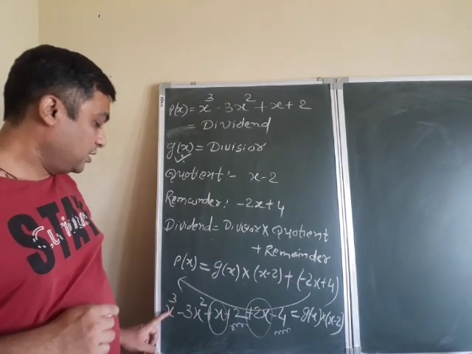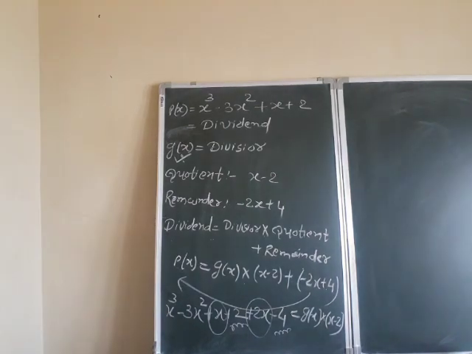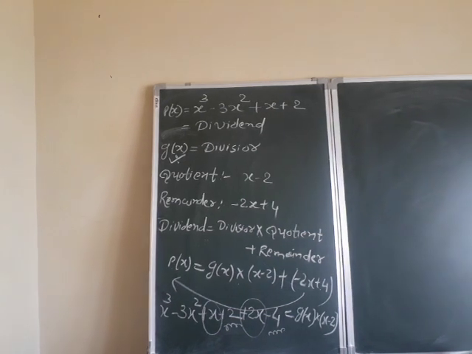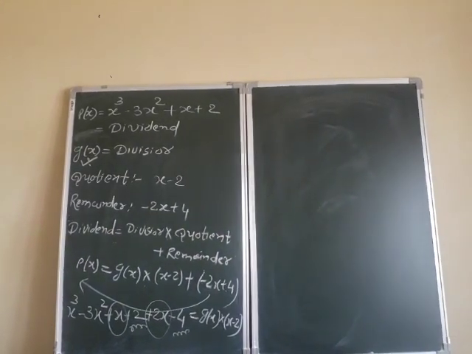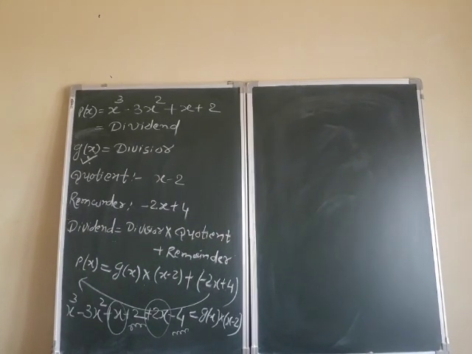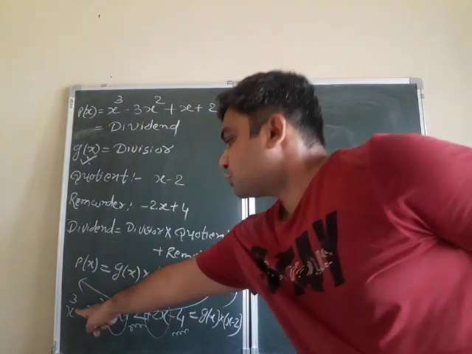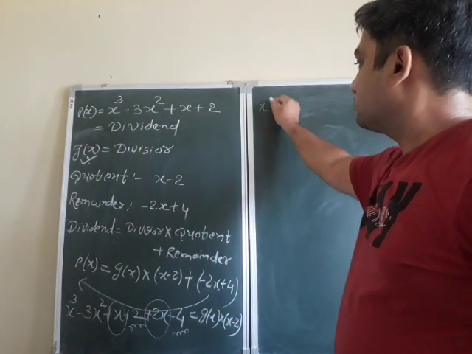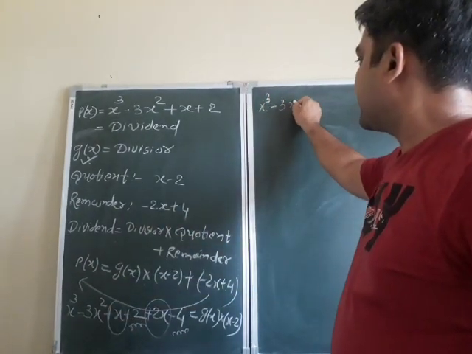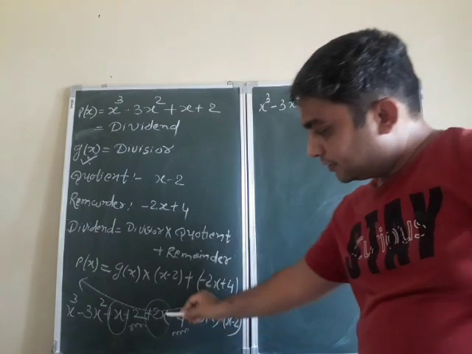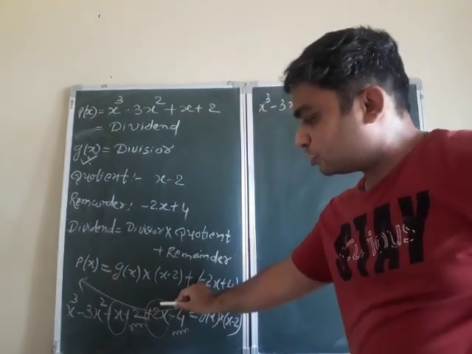So therefore, see the next step. x cube remains x cube, minus 3x square remains minus 3x square.